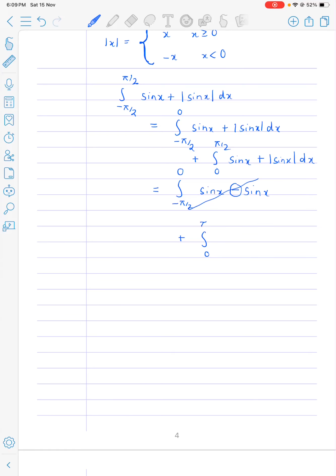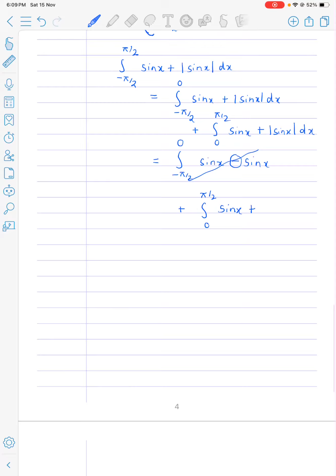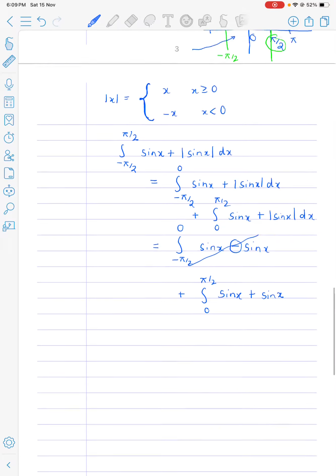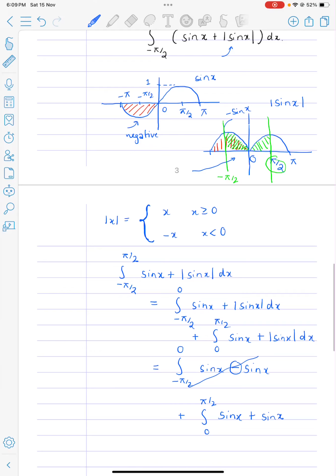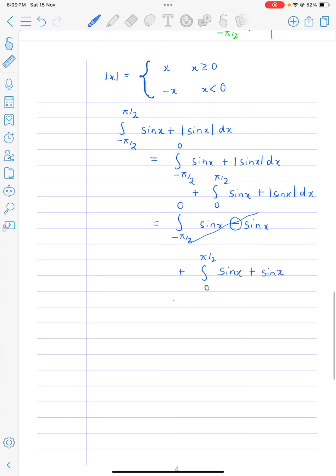So you will have from 0 to pi by 2 sin x plus this mod sin x, which will just open up as sin x, because from 0 to pi by 2, as we have noted, this won't change. It's already positive. So this will be 2 sin x from 0 to pi by 2.